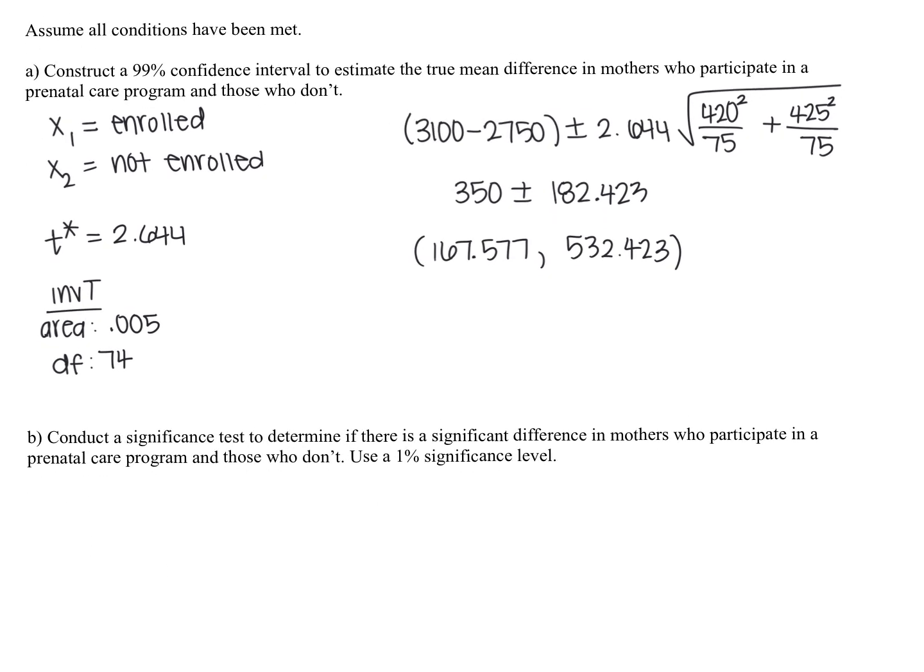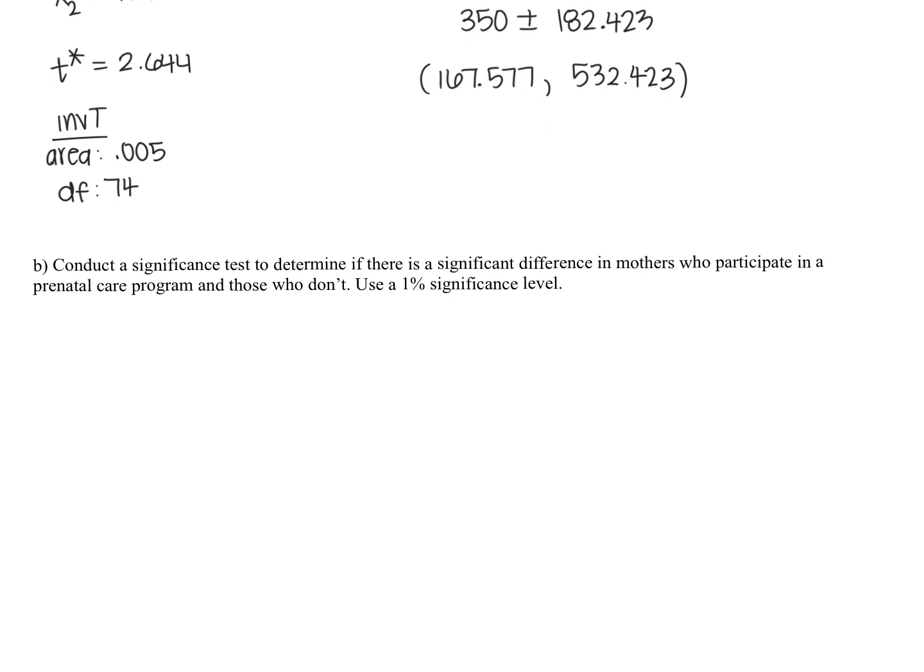So in B, we want to conduct our significance test to see if there's a significant difference in mothers who participate in the prenatal care program and those who don't. So our null hypothesis is going to be that mu1 equals mu2. And our alternative hypothesis is going to be that mu1 does not equal mu2.